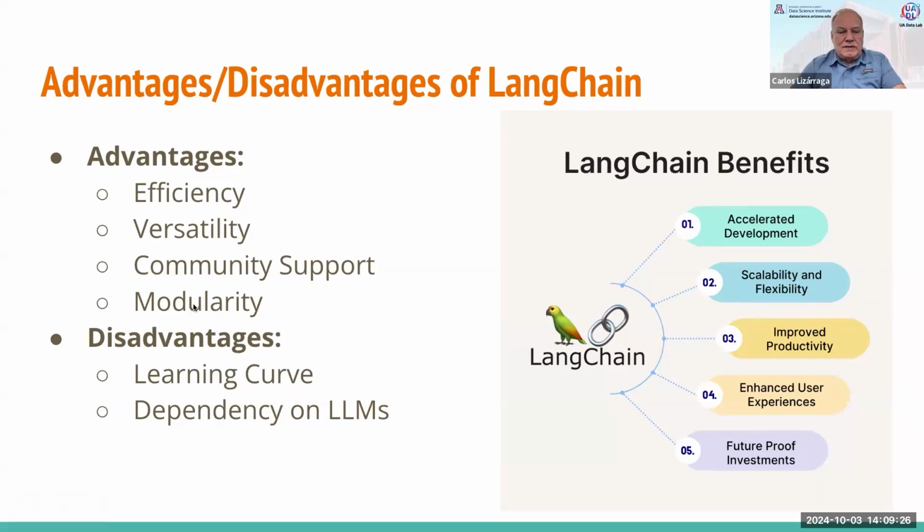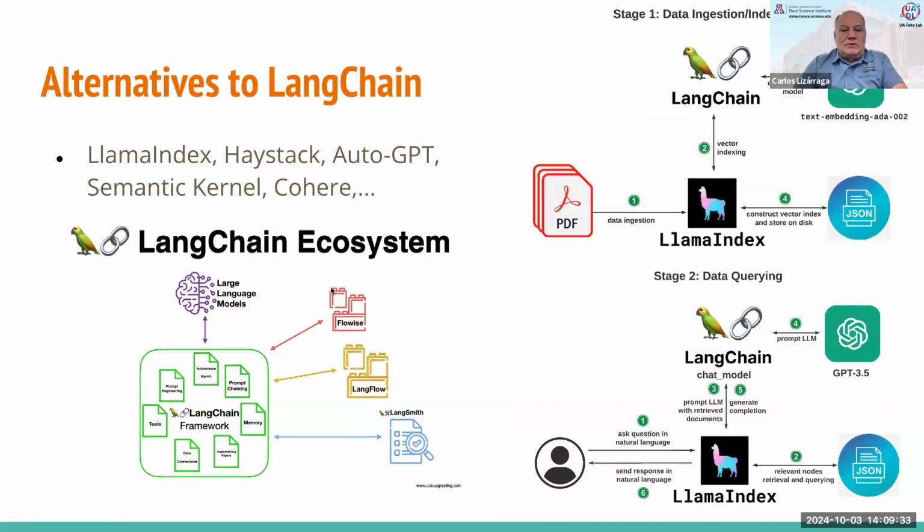But it's efficient, versatile, and there is large community support, and it's modular. There are some other alternatives to Langchain, but Langchain will be part of some framework that you can be interacting with other applications like Flowwise, Langflow, Langsmith, or for example, if you're using Llama Index, you can use Langchain to interact with the large language model, and use the other applications to interact with the information and the user.